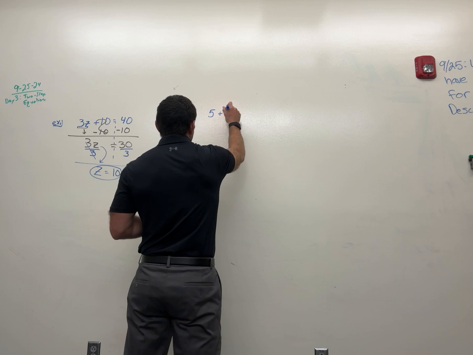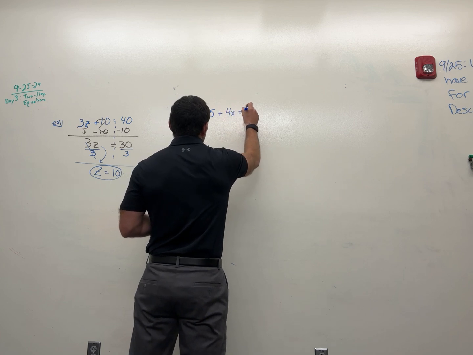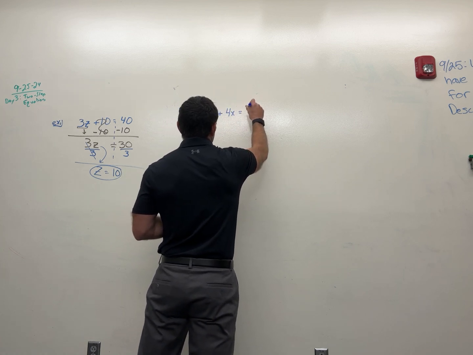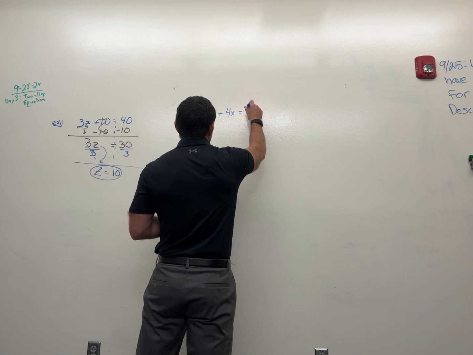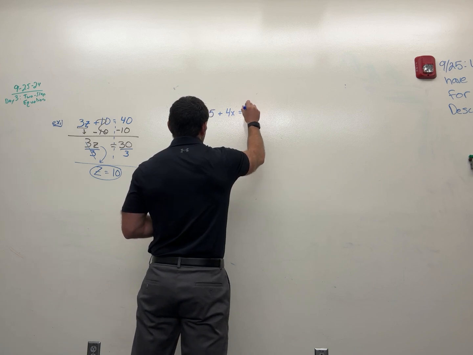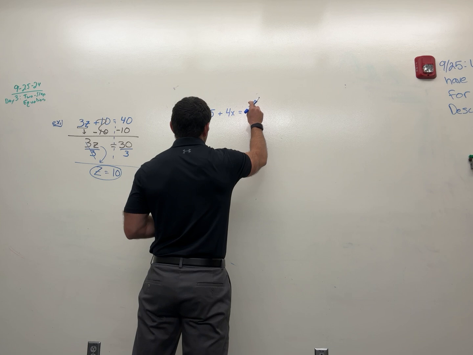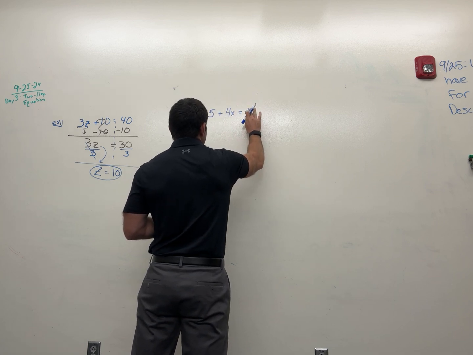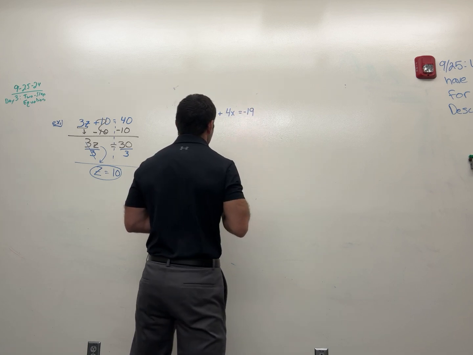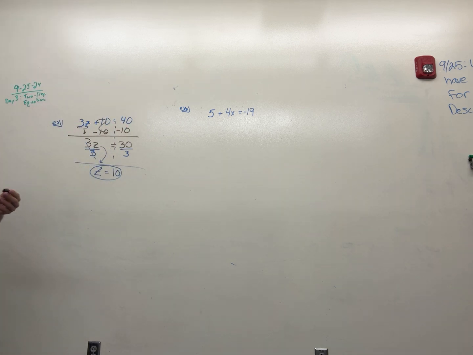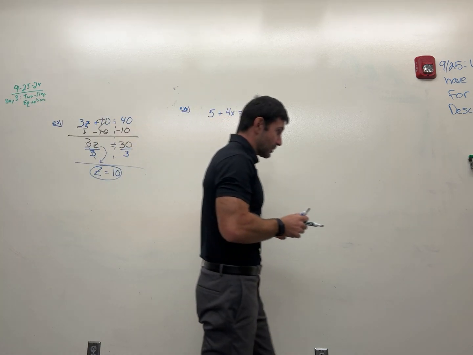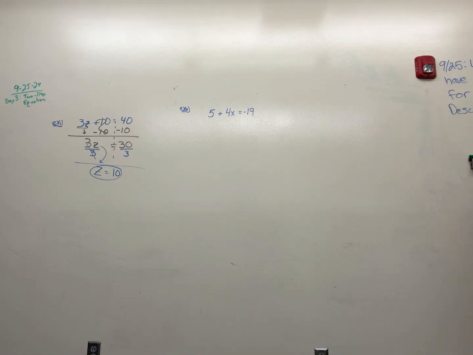5 plus 4x equals negative 19. First step. What do we do?